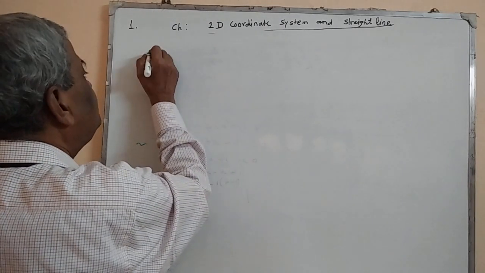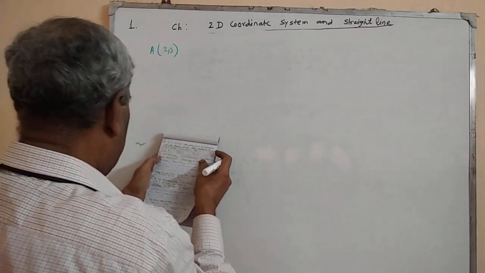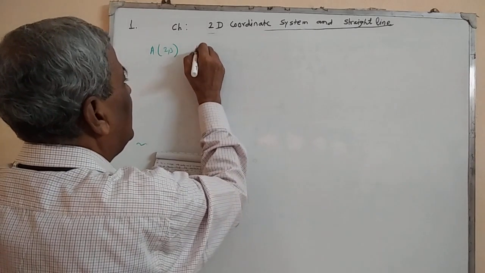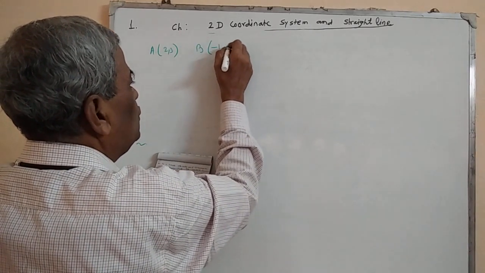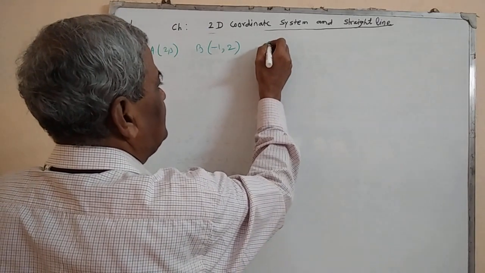A(2, 3), B(-1, 2) are two vertices of a triangle.